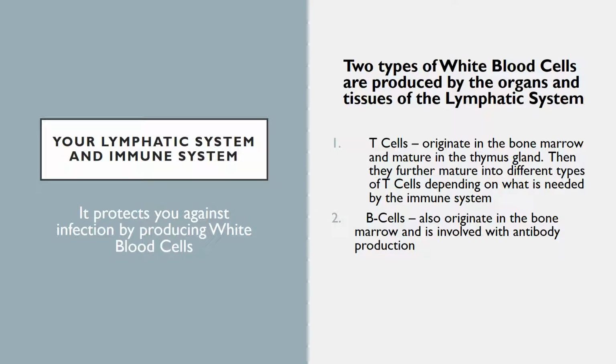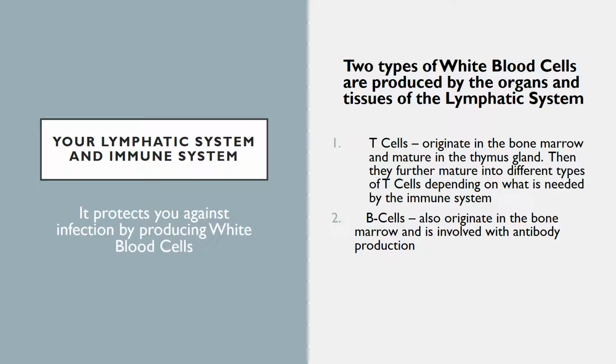Your lymphatic system is the battlefield for your immune system. Your lymphatic system contains your white blood cells, and your white blood cells are designed to protect you against infection. There are two basic types of white blood cells that are produced by the organs and tissues of the lymphatic system.